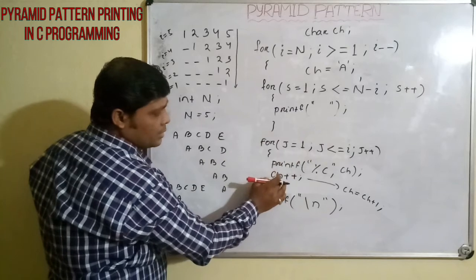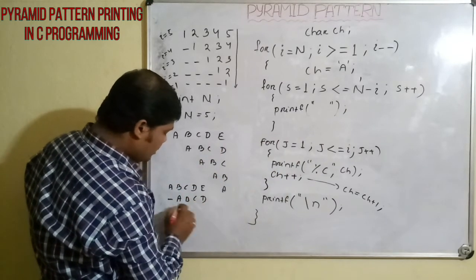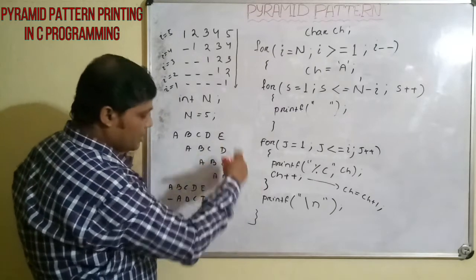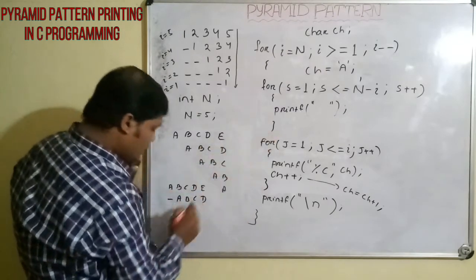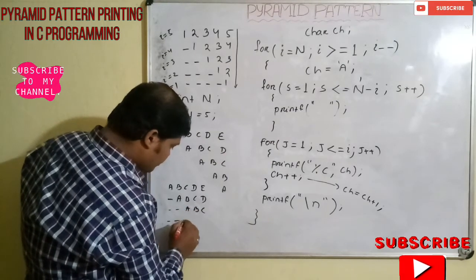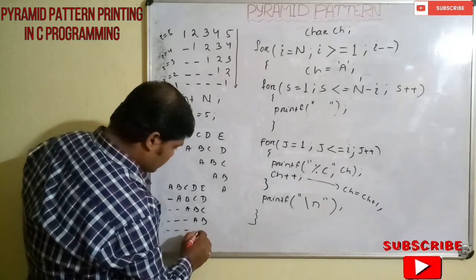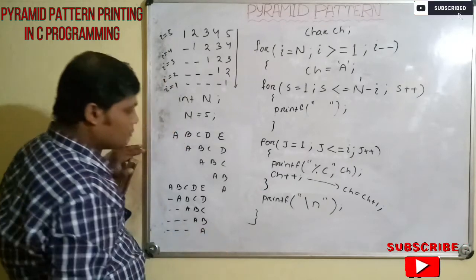Before going to the next J, CH will be modified. So it will print B, C, D like this. You can try and run it. It will print A, B, C, then A, B, then A.